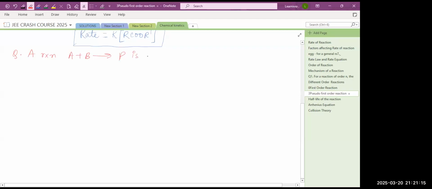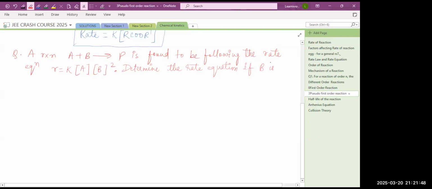Okay, it is found to be following the rate equation: rate R equals K into A. Determine the rate equation if B is taken in excess.